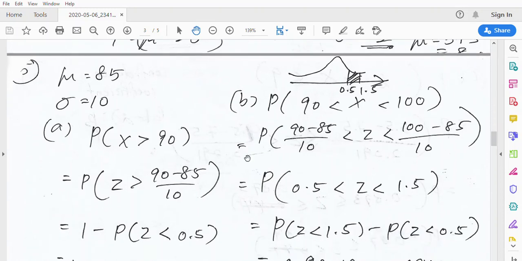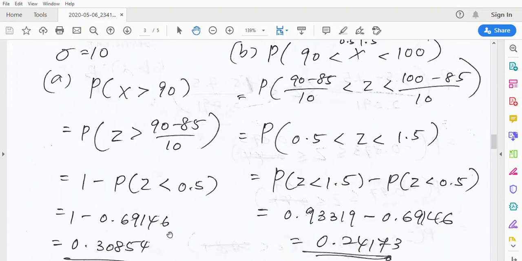We standardize it, we will get x greater than 0.5, and then we just simply transfer it to 1 minus less than. So we will get 1 minus this probability, we will get 0.30854. Okay, that's the probability that has spent more than 90 cents. If we write in sentence form, it's more clear.